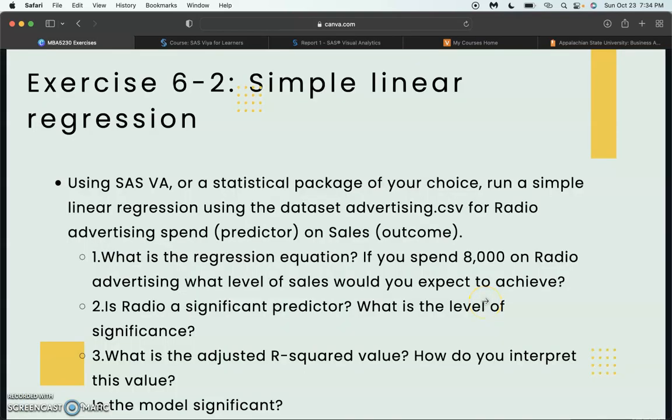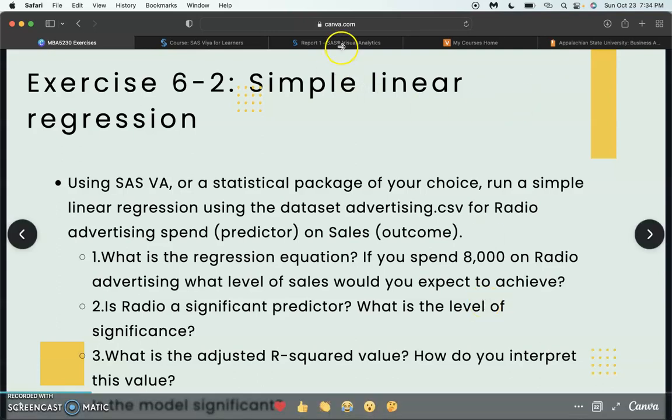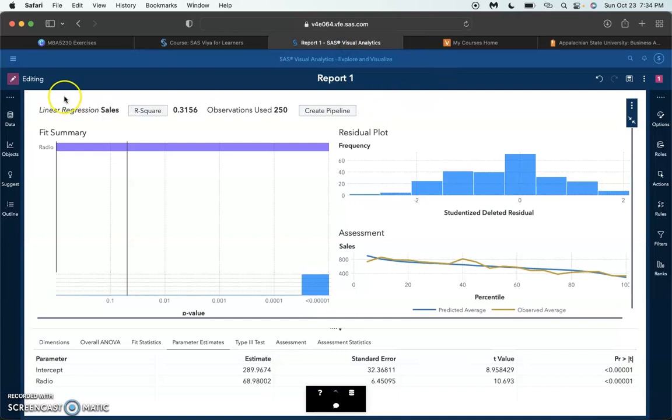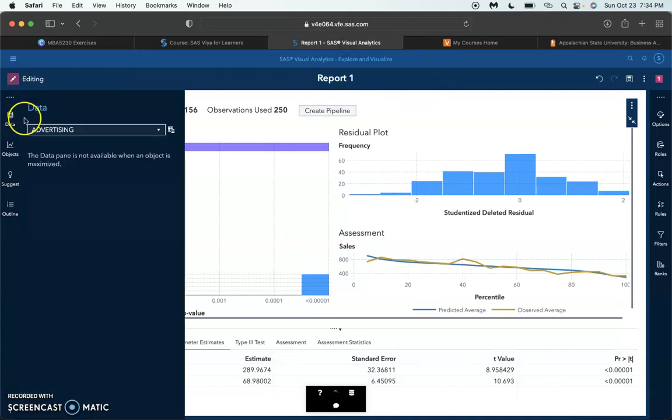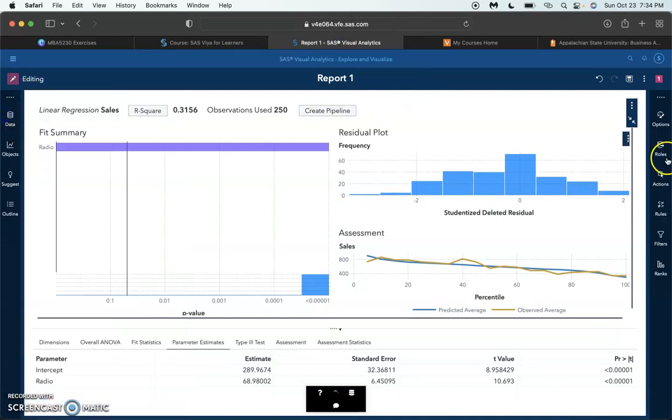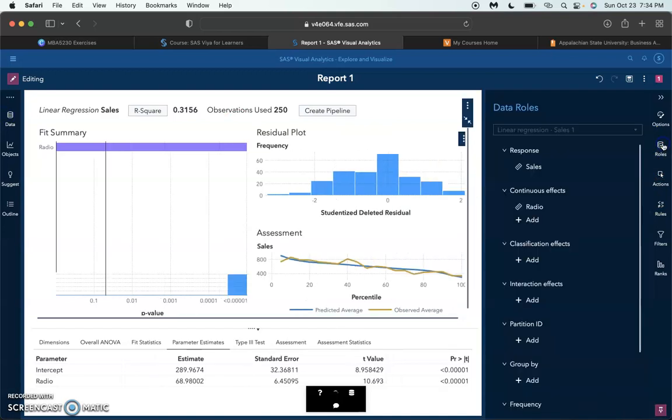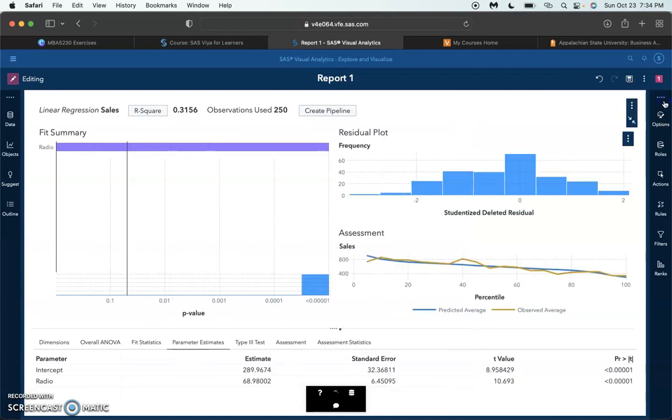For the second part of exercise 6, we are going to go back to SAS-Viya, and we are using the advertising data. As you can see, we are using sales as the response this time, and the continuous effect is radio. We're wanting to create the regression equation.